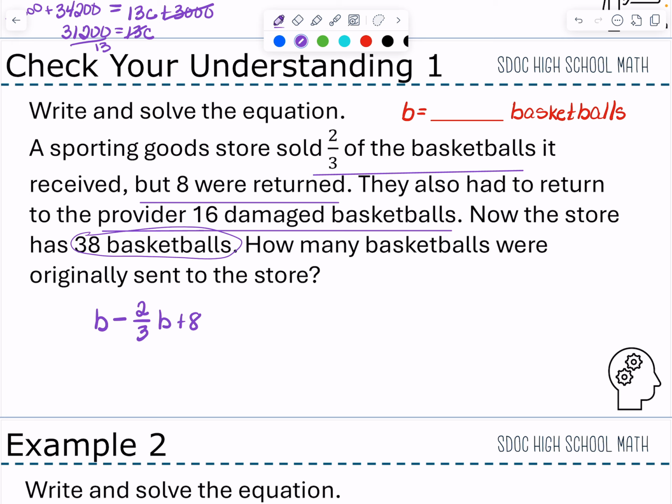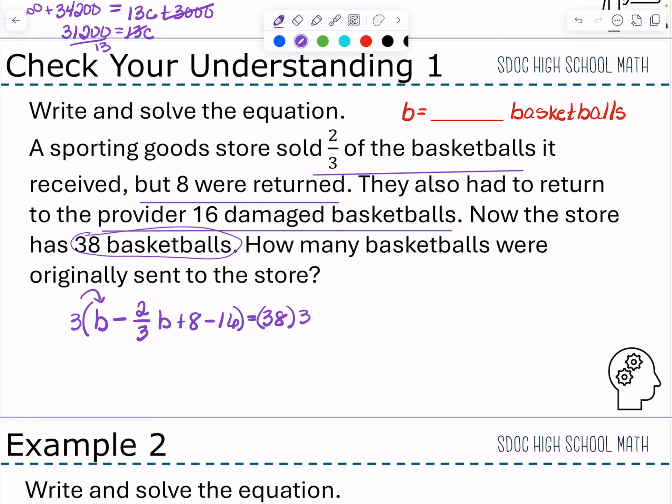And then they had to also send back 16 more. Okay, so how many basketballs were originally sent to the store if the total is 38? So again, look at our denominator is 3. How do we get rid of 3 in the denominator? Instead of dividing by 3, we're going to multiply by 3.